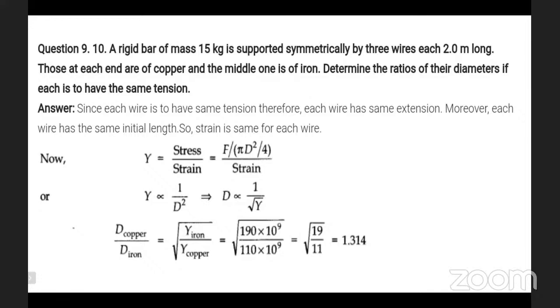So what's the value of Y iron? 190 into 10 to the power of 9 by 110 into 10 to the power of 9, which is Y of copper. That equals under root of 10 to the power of 9, 10 to the power of 9 cancel, under root of 19 by 11, that equals 1.314.